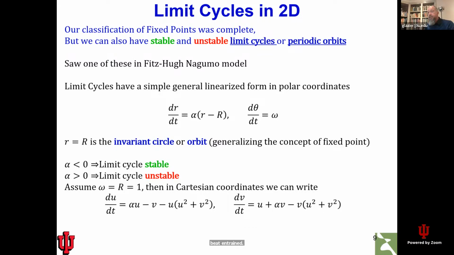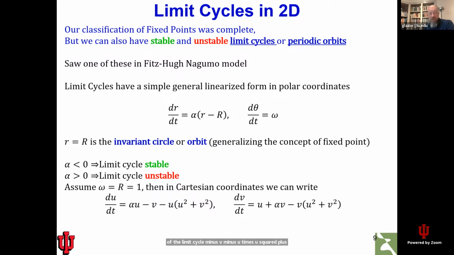Okay. If I want to convert this back into Cartesian coordinates, it doesn't have a particularly pretty form. du/dt is alpha times u, and that alpha, remember, is going to determine the stability of the limit cycle, minus v minus u times (u squared plus v squared).